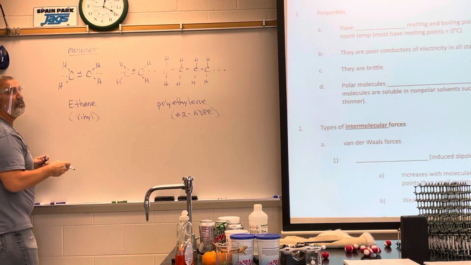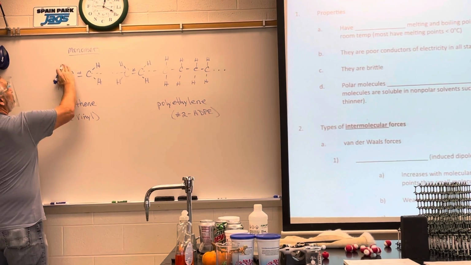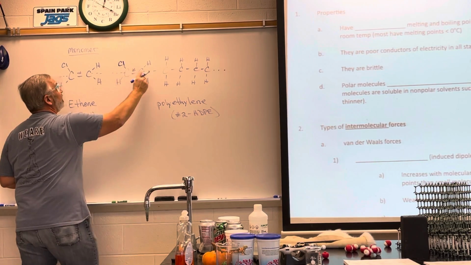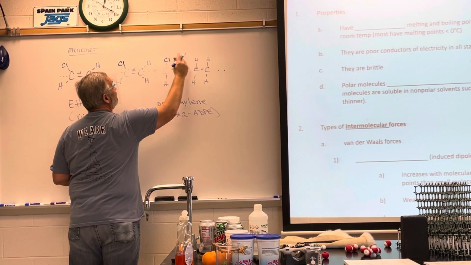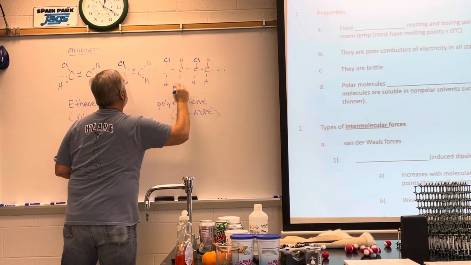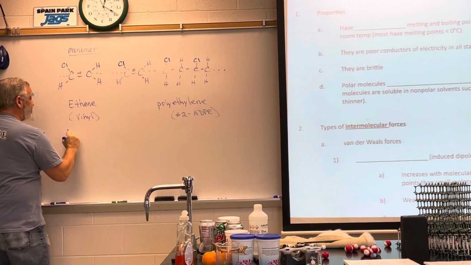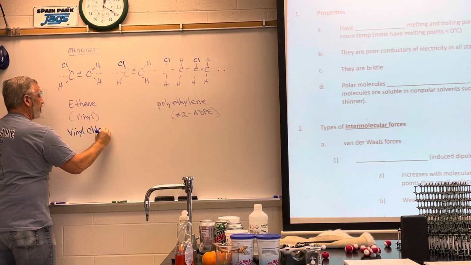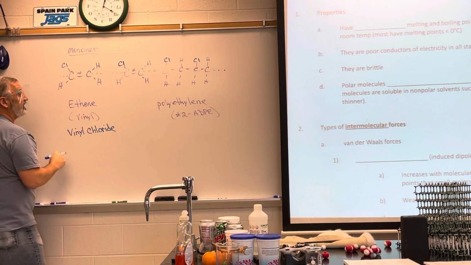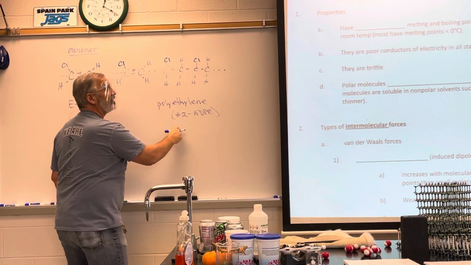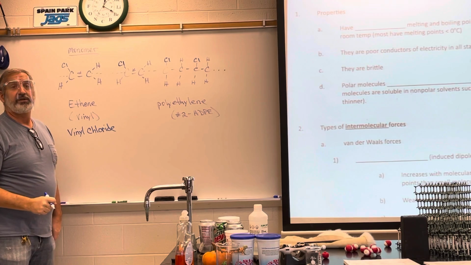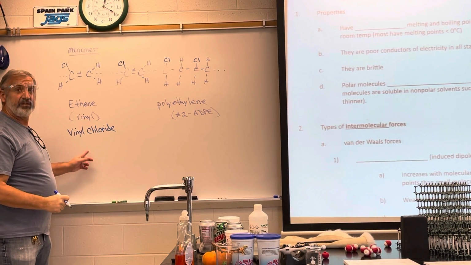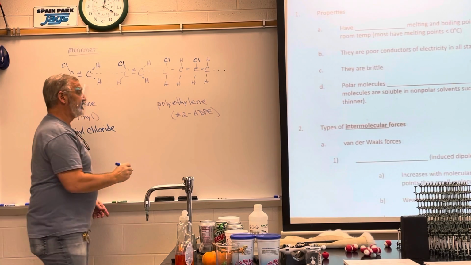Now, if I make one small change to it, I put a chlorine right here and a chlorine right here, that's going to make every other carbon have a chlorine. Now this name is vinyl chloride, using the old school name. So what would this be called? Polyvinyl chloride.